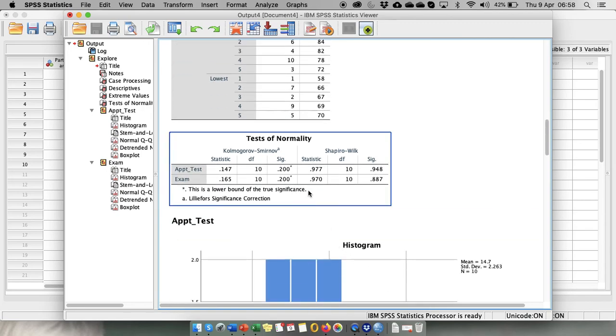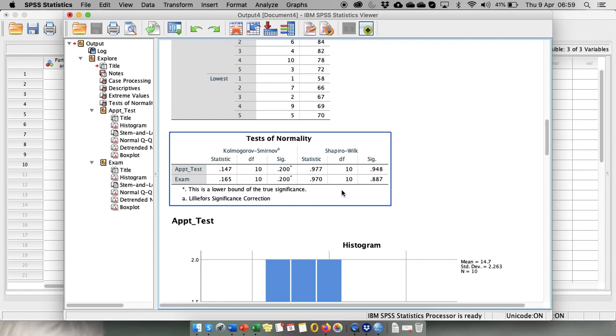This table, tests of normality, shows you the results of the Kolmogorov-Smirnov test and Shapiro-Wilk test. They test if the distribution of your data is significantly different from the normal distribution. So if the results of the tests are not significant, that means that the distribution of your data is not different from normal distribution, i.e., your data is relatively normally distributed.